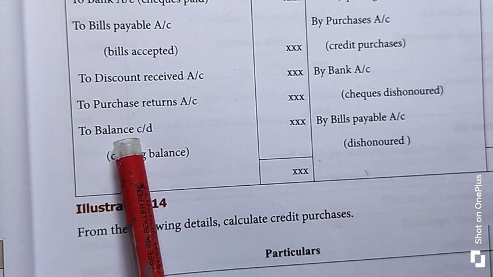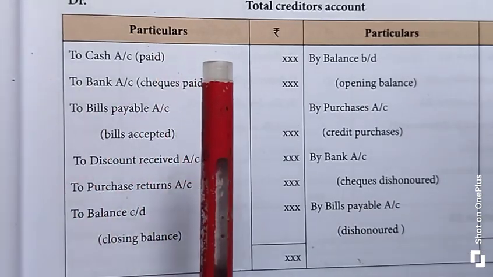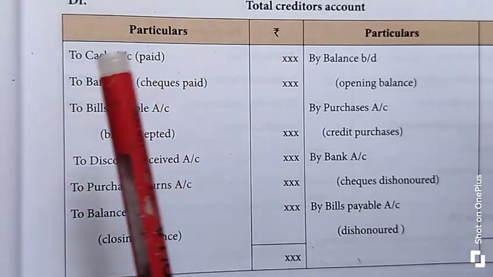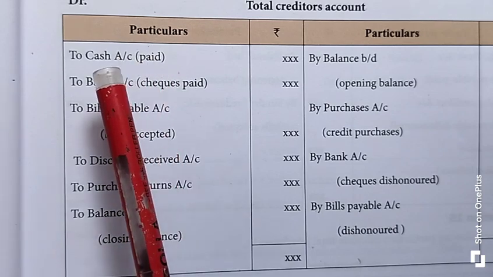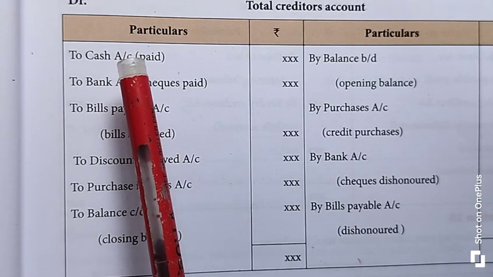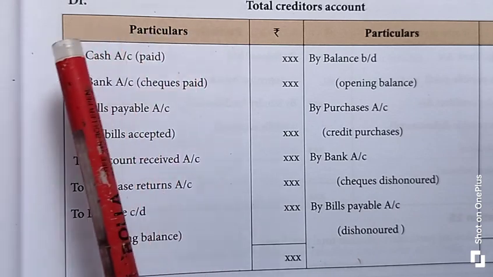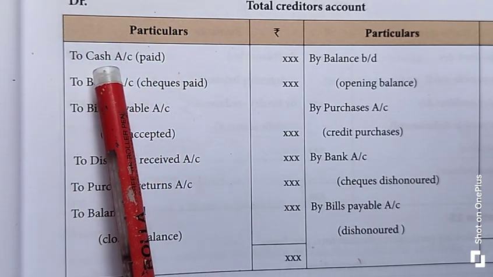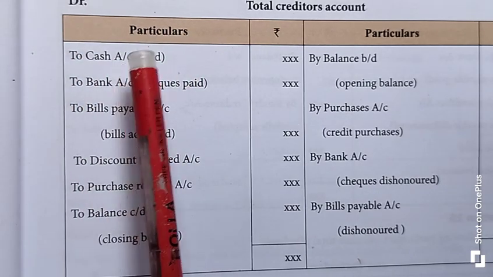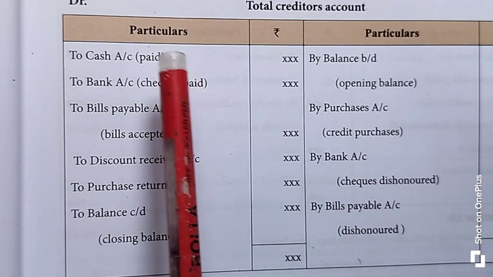When you sold goods, you received cash, right? But here you made purchases from your supplier, so you have to pay cash to your supplier. So on the debit side you have to enter to cash account, and within the bracket you have to write paid.